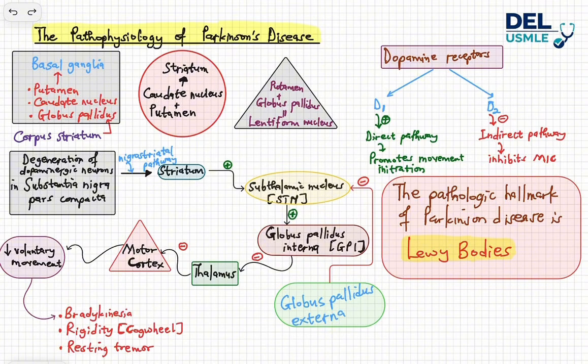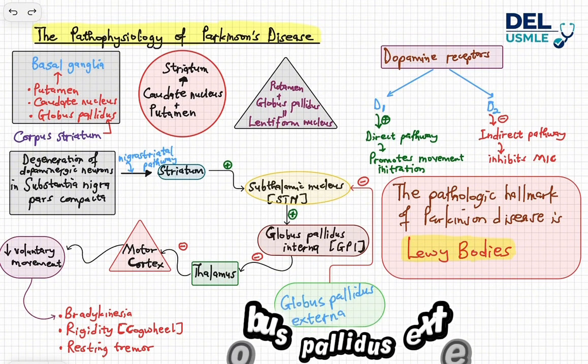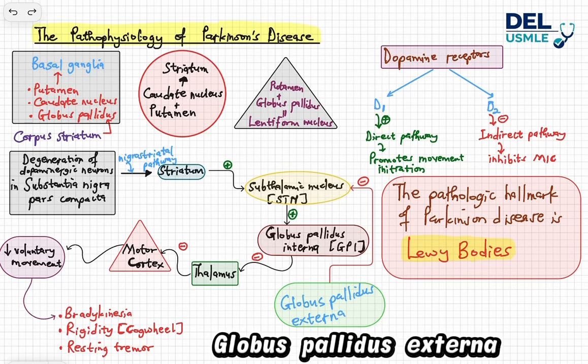Another thing that you have to pay attention to is that the globus pallidus interna and globus pallidus externa perform different functions. While the globus pallidus interna is stimulated by an overactivated subthalamic nucleus, which will result in inhibition of the thalamus via GABA neurotransmission, the globus pallidus externa acts differently.